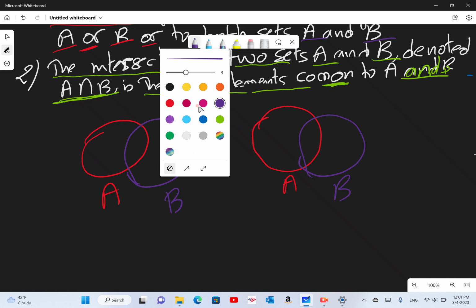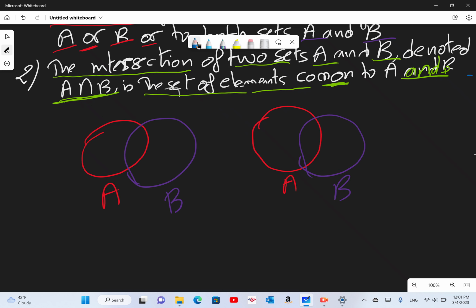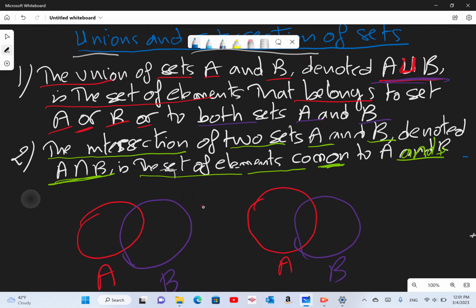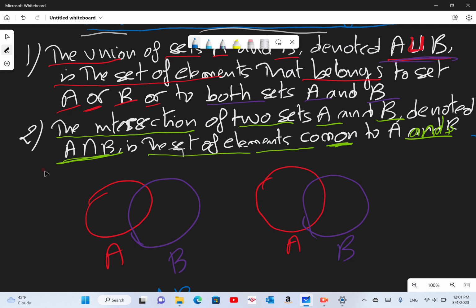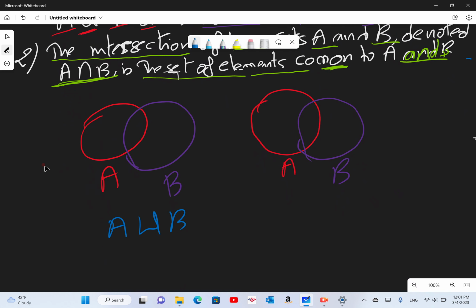All right. So what would be the A union B? If we go back to the definition, it said all the elements of A and all the elements of B, such that we do not repeat the same elements.